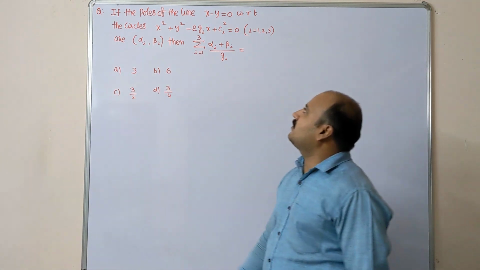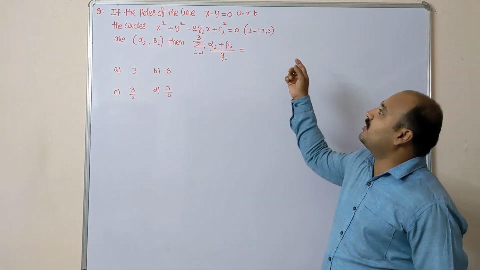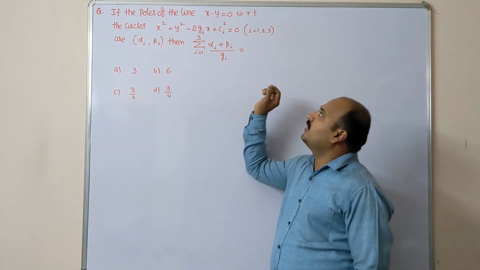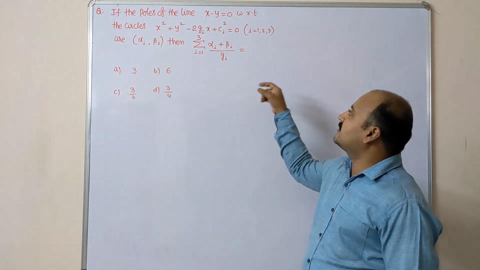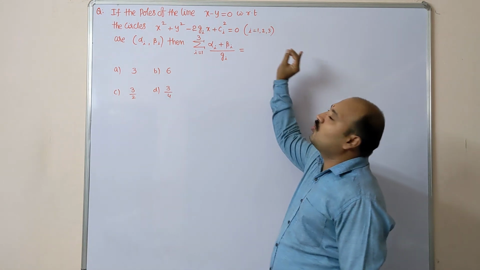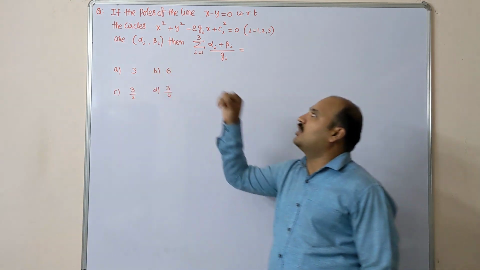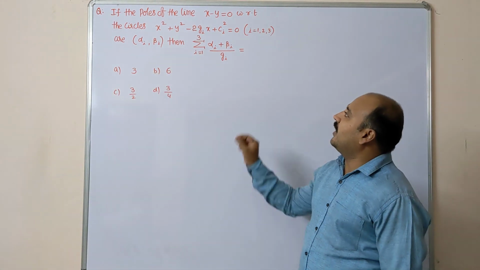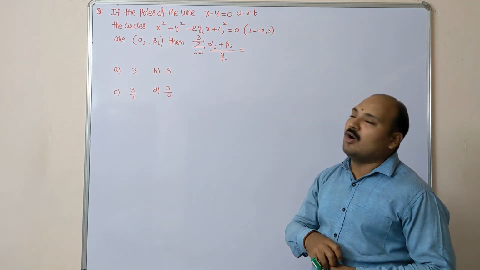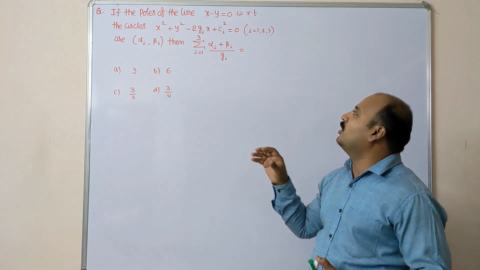If the poles of the line x minus y equal to 0 with respect to the circles x square plus y square minus 2gix plus ci square equal to 0, where i equal to 1, 2, 3, are alpha i and beta i, then sigma i equal to 1 to 3 of (alpha i plus beta i) divided by gi equals.